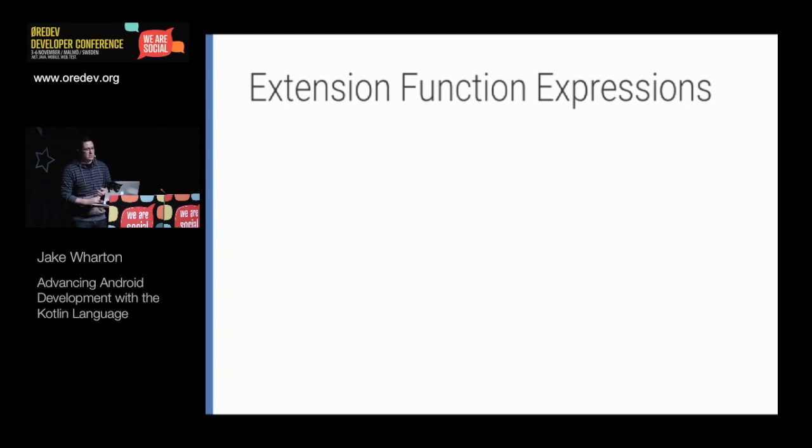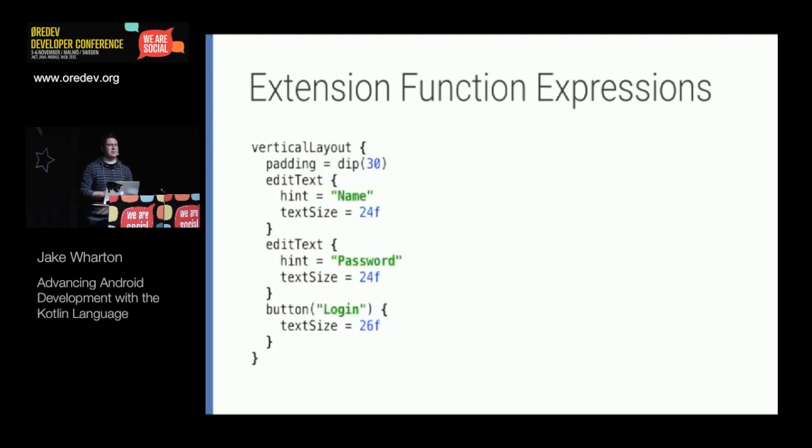And so the JetBrains people have taken this to a ridiculous extreme and created this library called Anko. And it's really clever. The idea is that XML is very declarative, and it's actually perfect for UI because it's hierarchical. UIs are inherently hierarchical when you're building them up. But with these extension function expressions, we can now represent that in code in that same hierarchical way while still having the ability to reference all of the methods and all of the refactoring tools and static analysis of Java code itself for representing UIs.